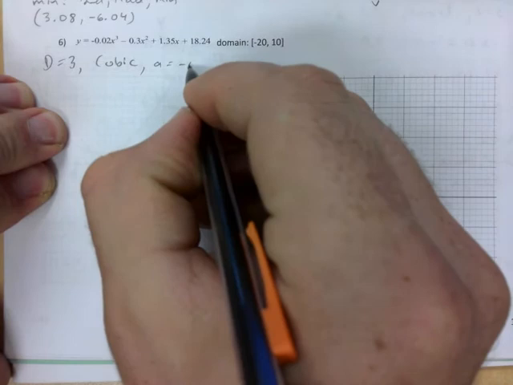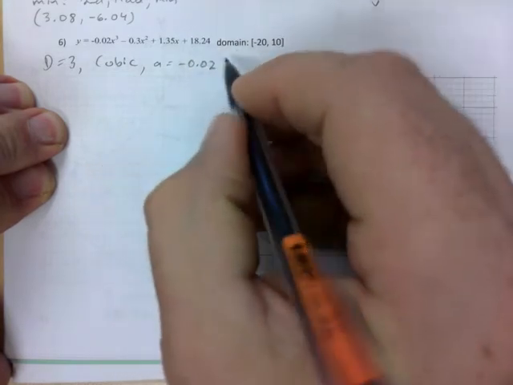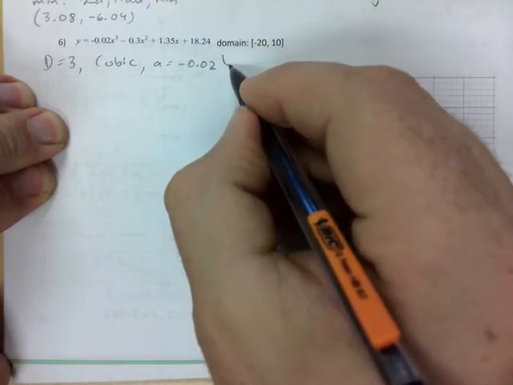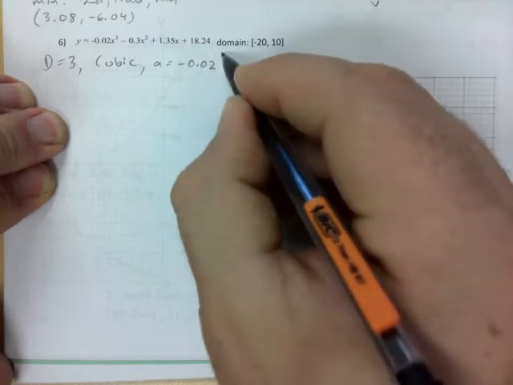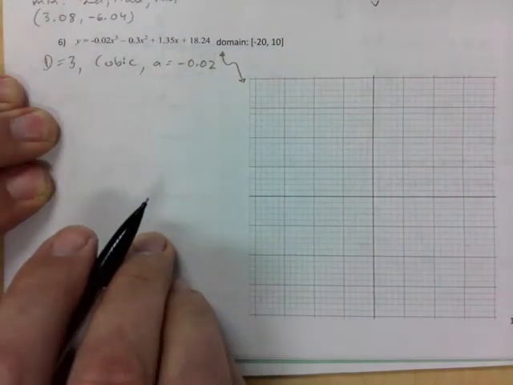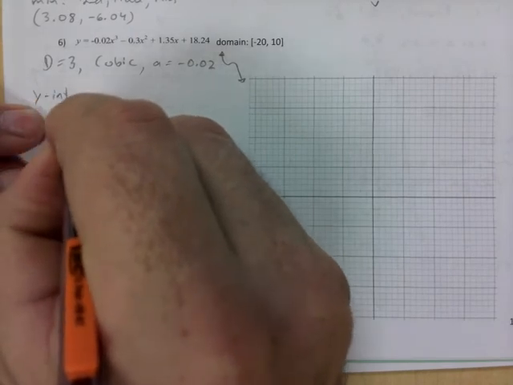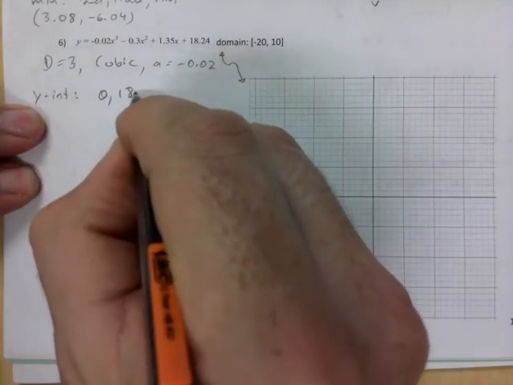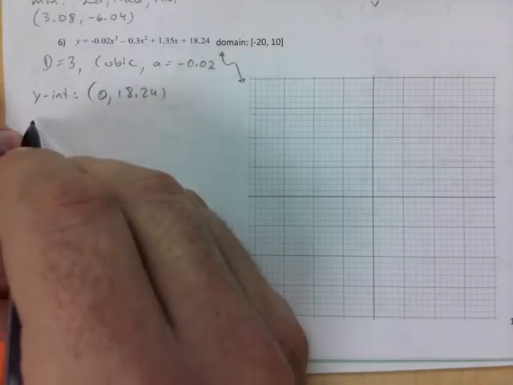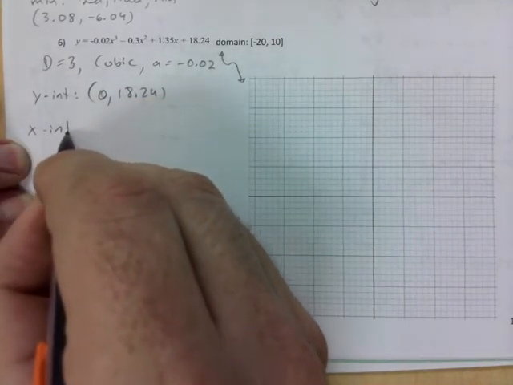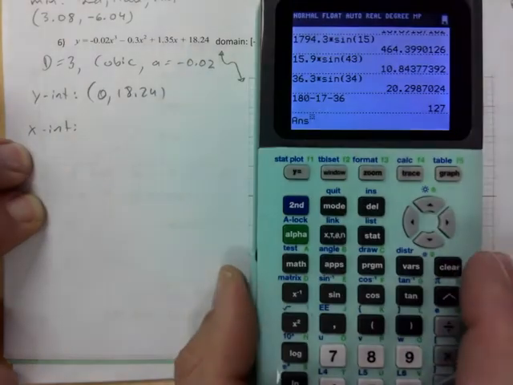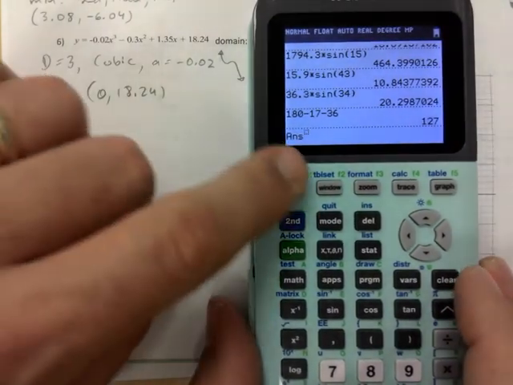A is negative 0.02, so this is going to be pointing down like this. I'm shortening that whole process. The y-intercept is 18.24, and then x-intercepts and possible turns. This will for sure have one x-intercept.